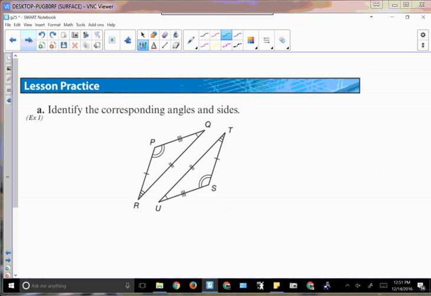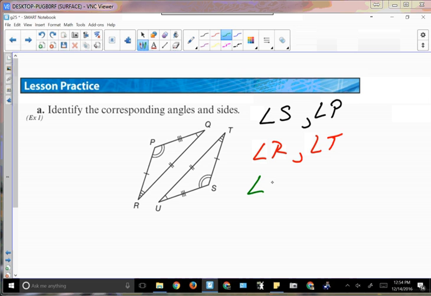So, I'm going to give you a moment here, and I want you to identify all corresponding parts. What would be the next one? Q and U, just Q and U. What do I got to put in front of them so that I know what I'm talking about here?